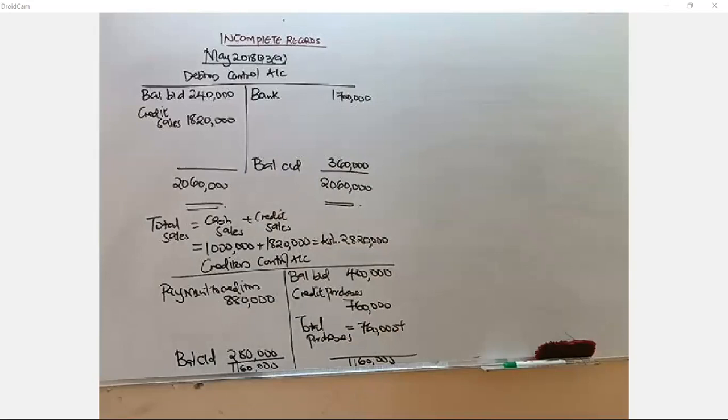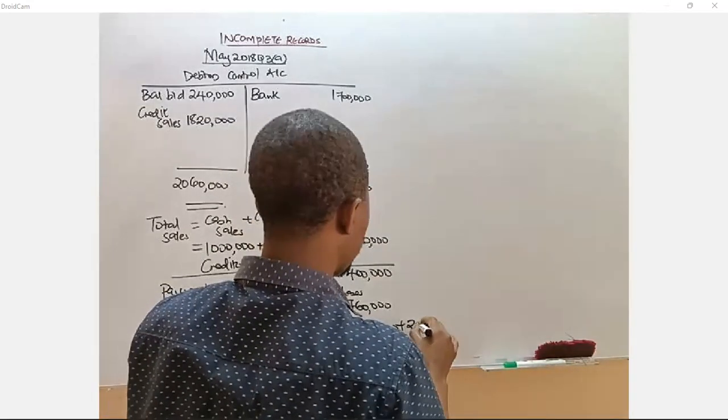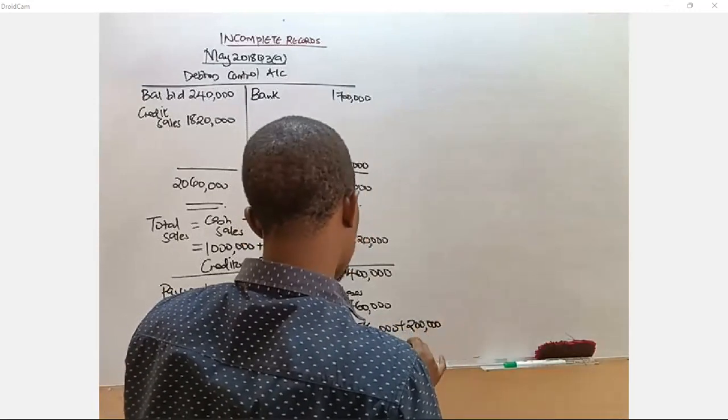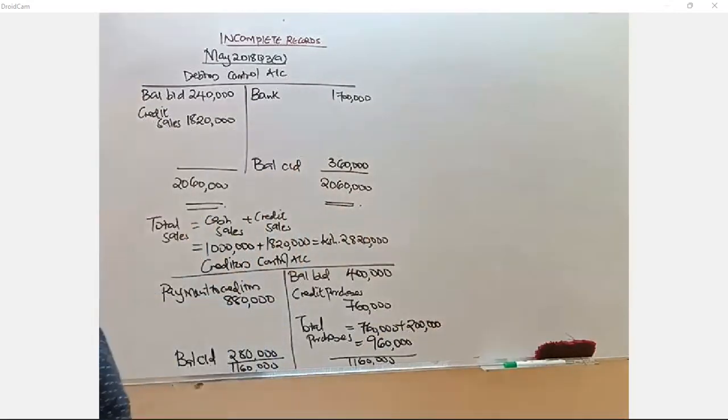But we've been told, but related to the following items, partners' children's school fees of 80,000, purchase of goods, we are being given 200,000 there, right? So in this case, the total purchases of mine should be 960,000, right?